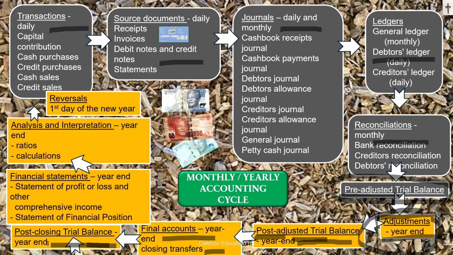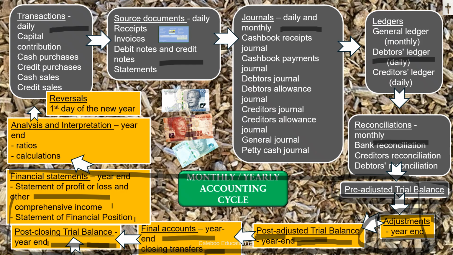And then after that, we're going to draw up, and you might know it as an income statement, but statement of profit or loss and other comprehensive income is the modern name, and a statement of financial position. So there's quite a bit in this section that we're entering into, financial statements.